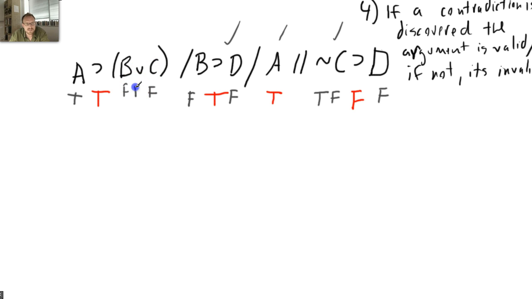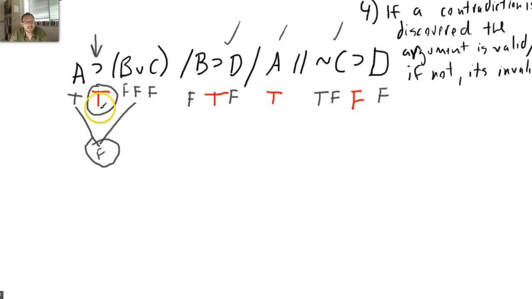So this is false. But wait a second. Now I'm comparing a false and a true statement using the conditional rule. But that is actually false. But my assumption was that it was true. You can see here that that means that this conditional needs to be both true and false at the same time for my assumption to work.